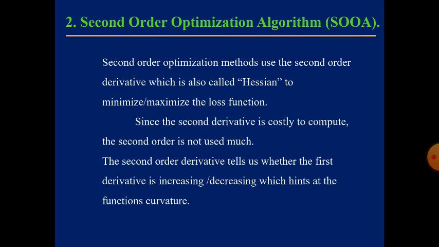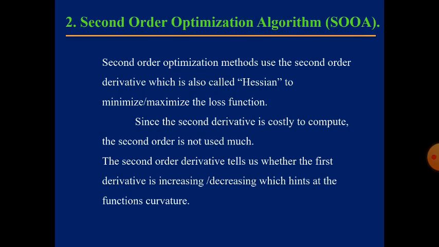Though it is expensive, it will not ignore the curvature of the surface. So in terms of stepwise performance, this second order optimization works better than the first order optimization. But it is a little bit expensive. That's why in most of the cases we don't go for second order optimization, we go for the first order optimization.